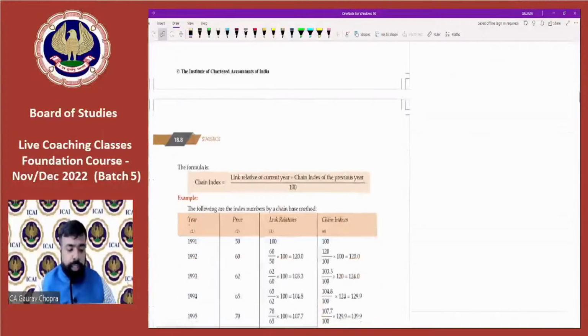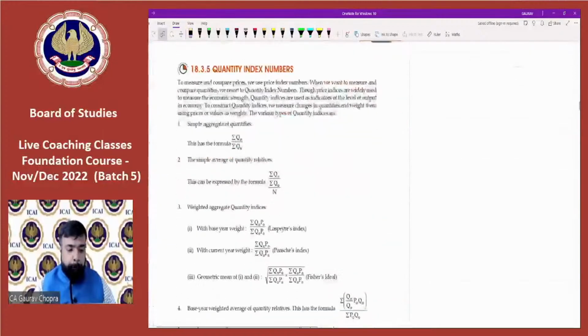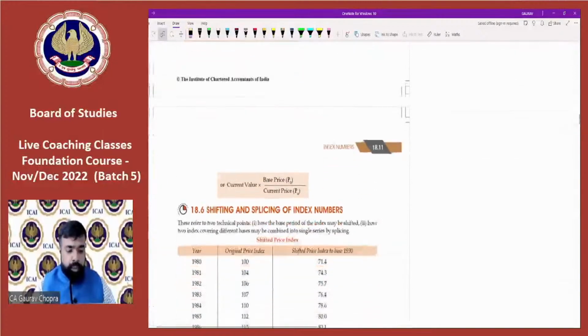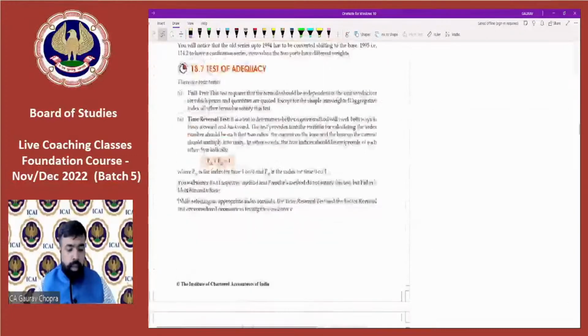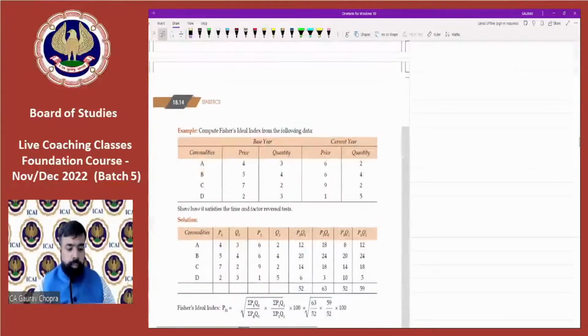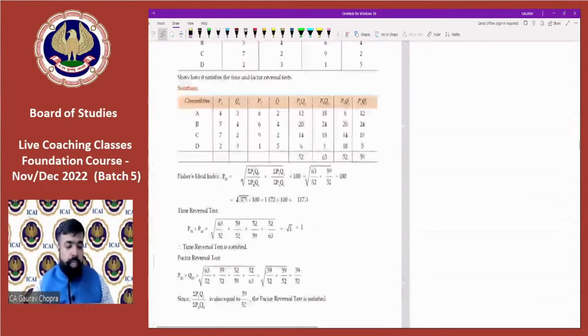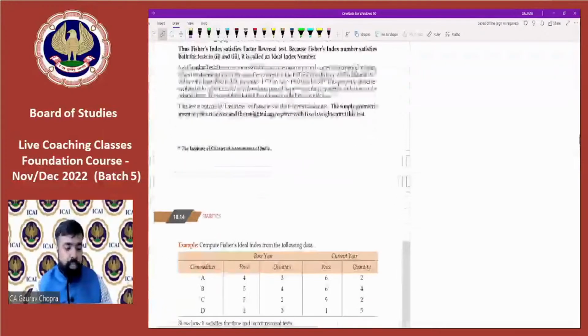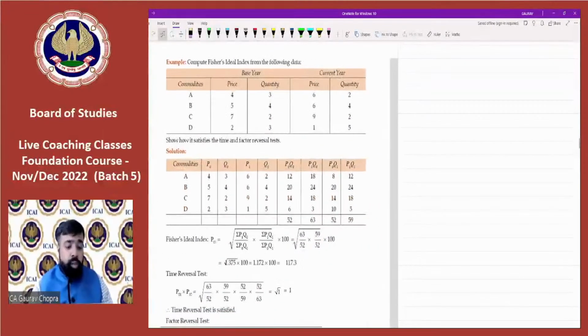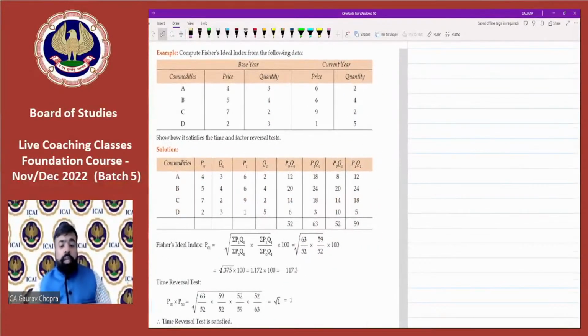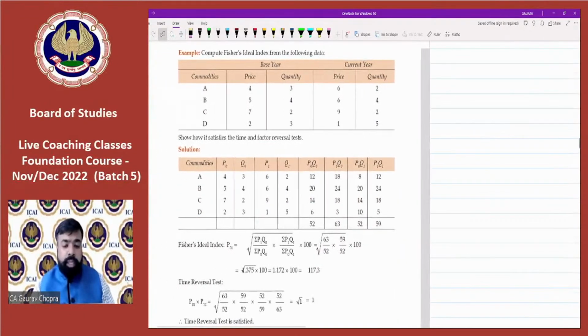So let us take one question based on this. From here, we can take some question and calculate. So let us take this one. So here, some of the values are given.